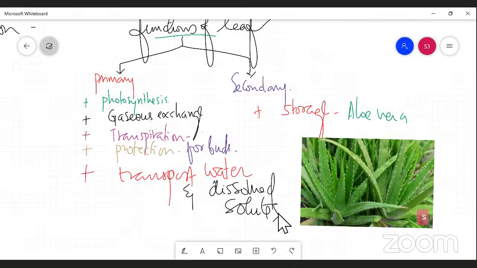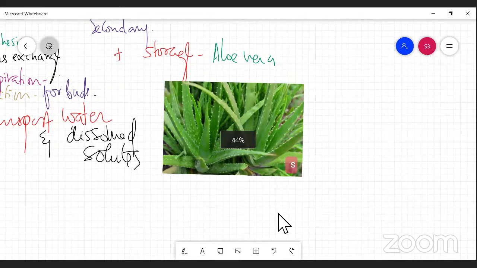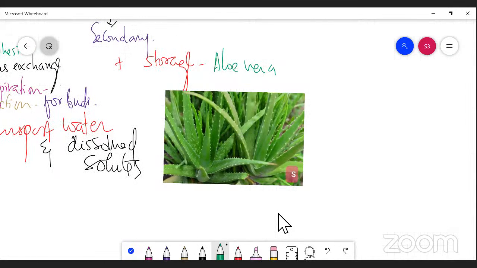My dear students, I'm talking about the secondary functions of leaf. So the first one is storage. For that, I have given the example of aloe vera, right? It stores food material. When we take a cross section of the leaf, we can find some fleshy food material. So that is storage. Not only storage of water, but it also possesses food materials, right? It is highly essential and medicinally valuable. Please understand, aloe vera is the right example for storage, right?